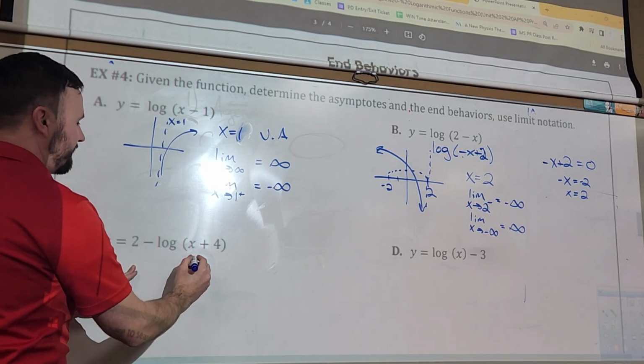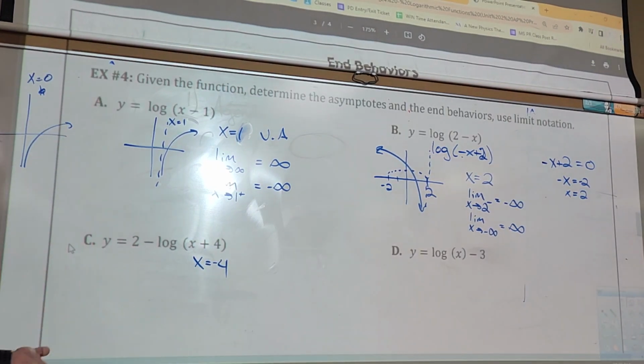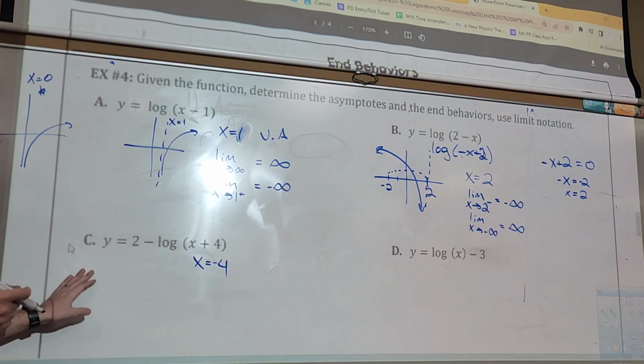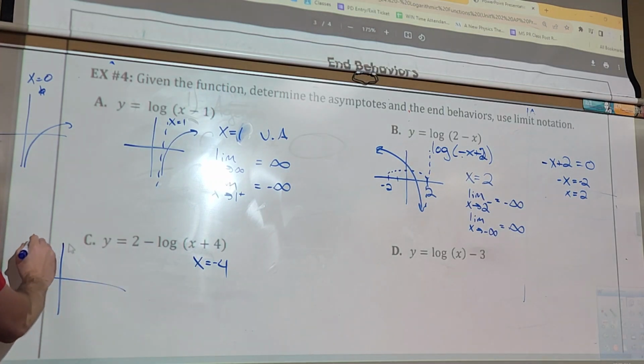Like this one, right away, what's my vertical asymptote going to be? It's the same thing we did with the denominators of rational functions. So right away, I know I'm going to have my asymptote at negative 4, right?